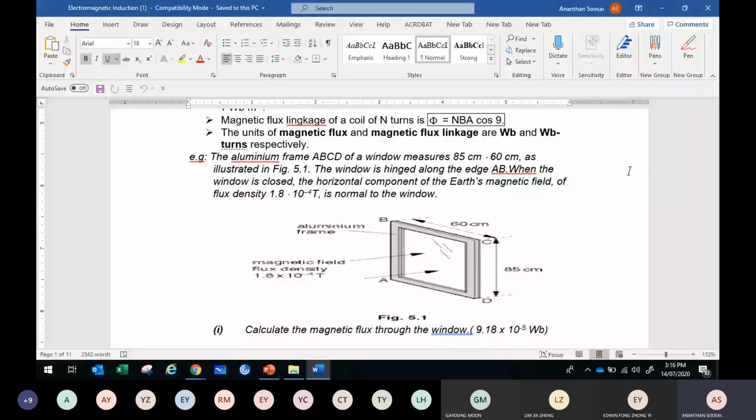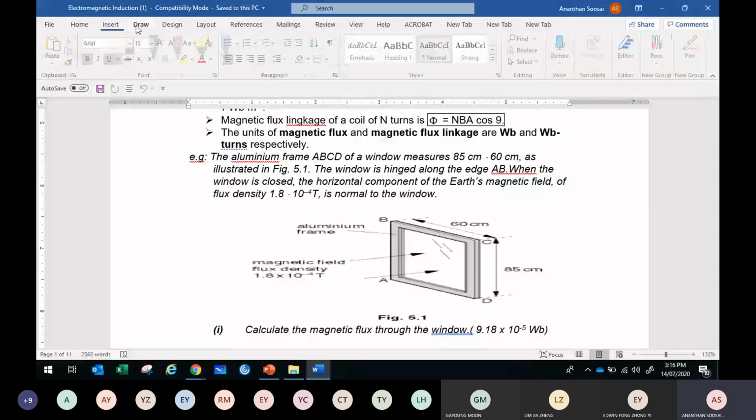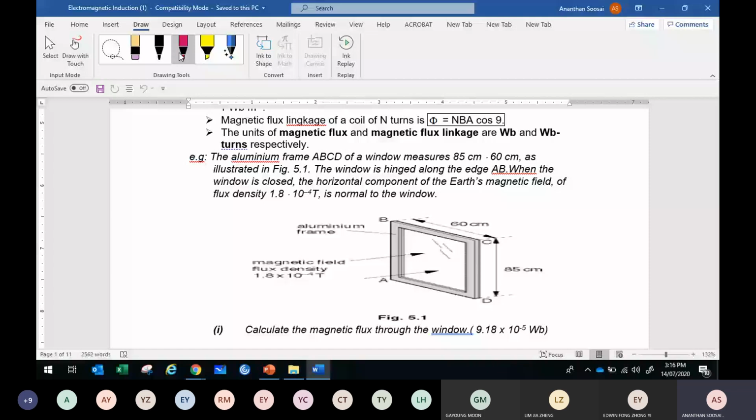Okay, so calculate the magnetic flux through this window. The window is like this, and the magnetic field is normal to the window. So what is the flux produced here?